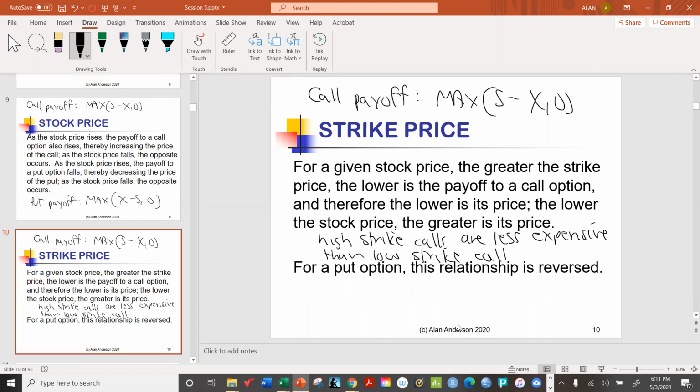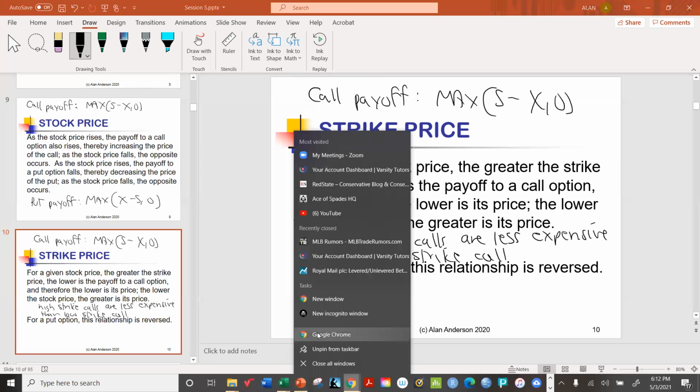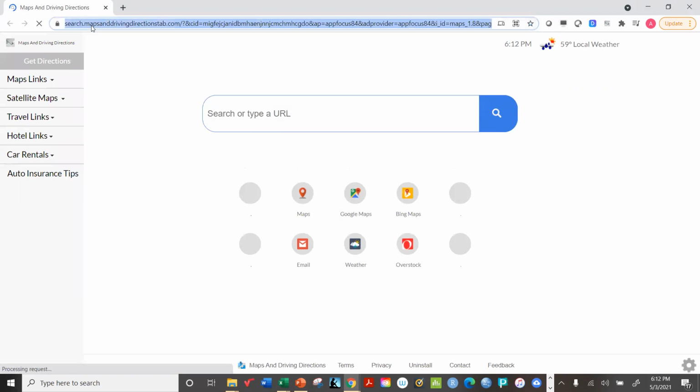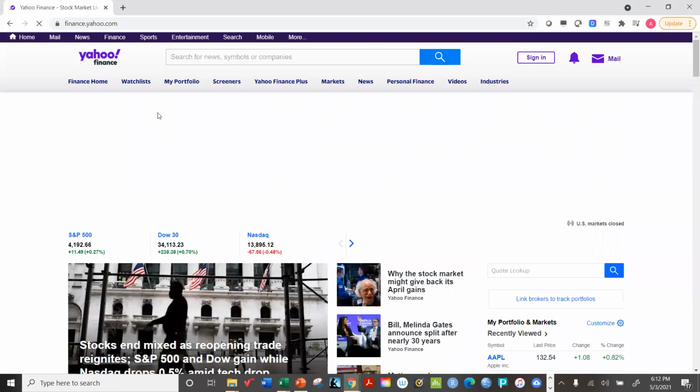In fact, let's go back to finance.yahoo.com and make sure this is really happening. Let's look at some real data. That should be fun. All right. Let's just quickly find Apple stock options.